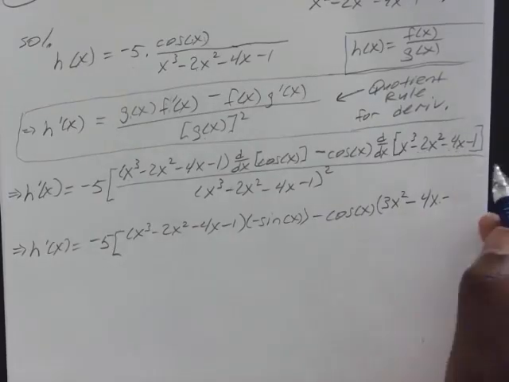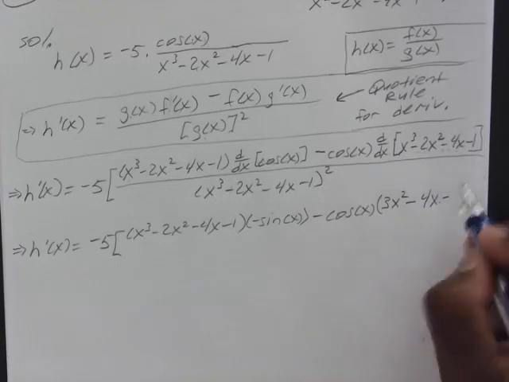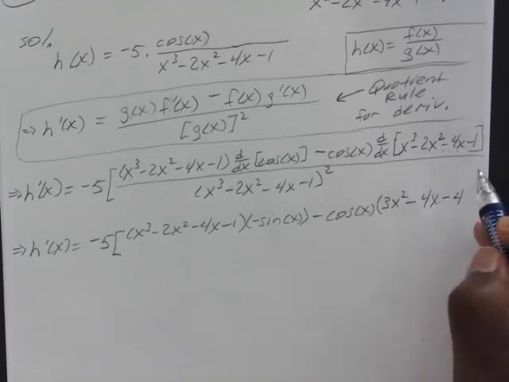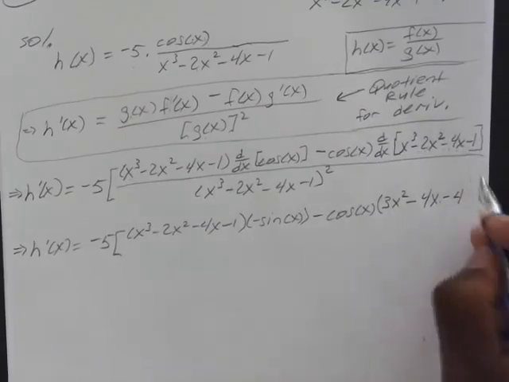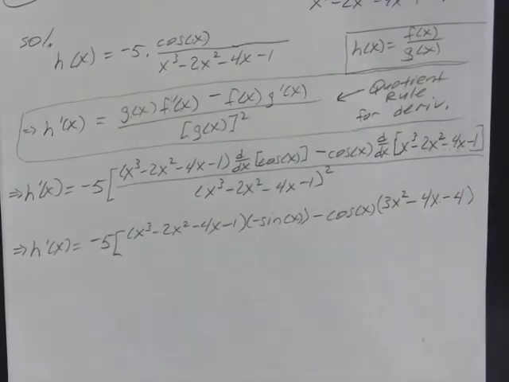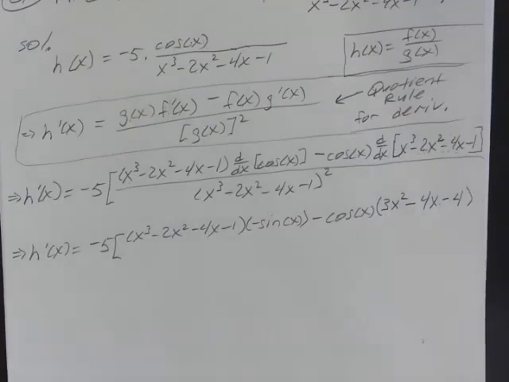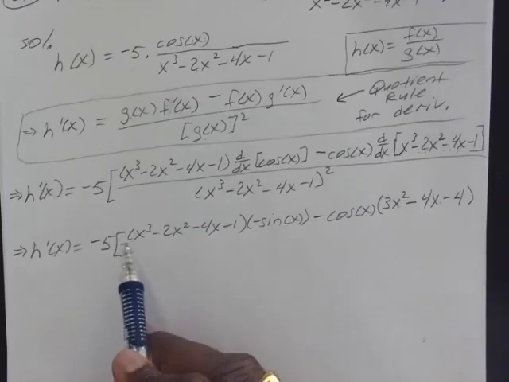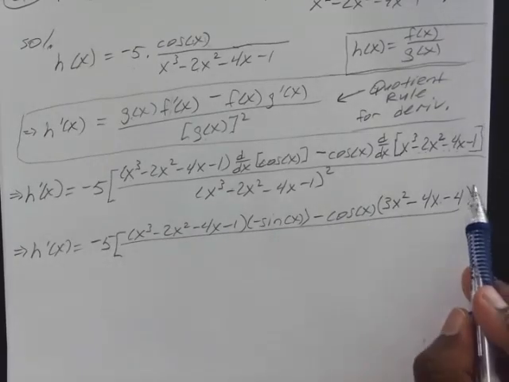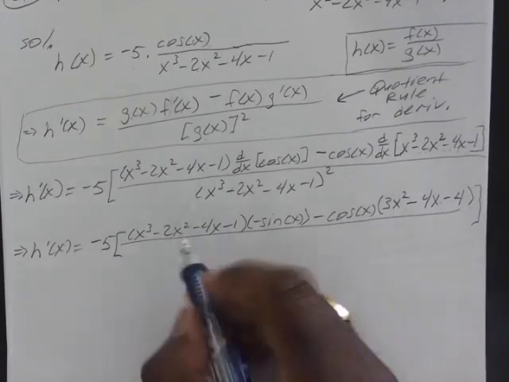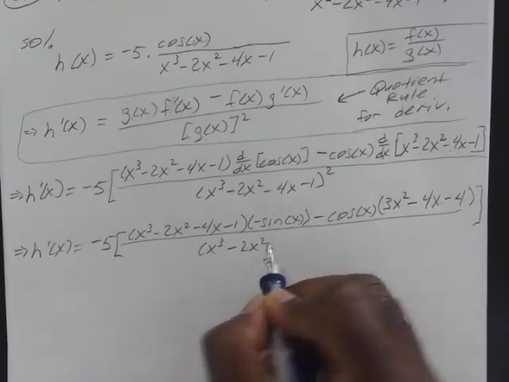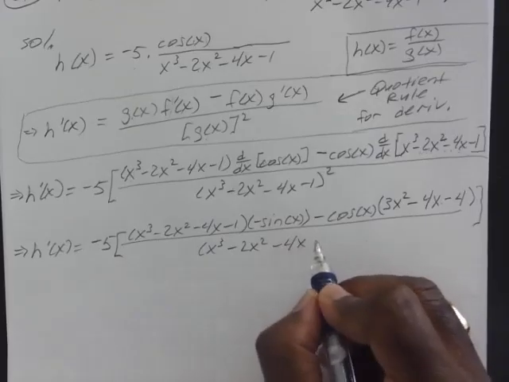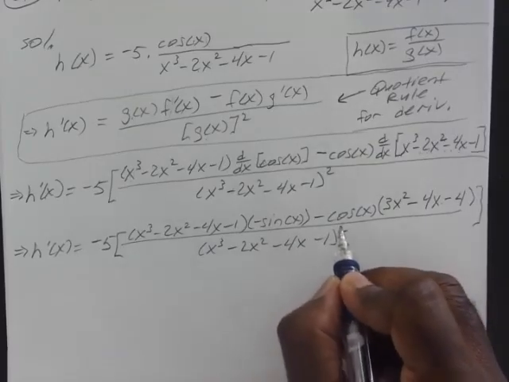Well, we know the derivative of x is just 1, so that's -4 times 1, which is -4, minus the derivative of 1, which is 0, because the derivative of a constant is always 0. All divided by x to the third power minus 2x squared minus 4x minus 1 squared.